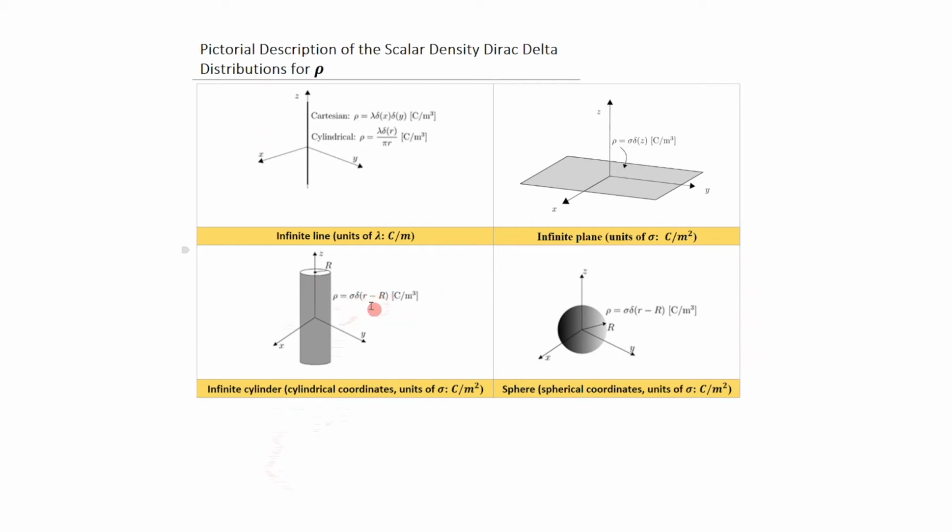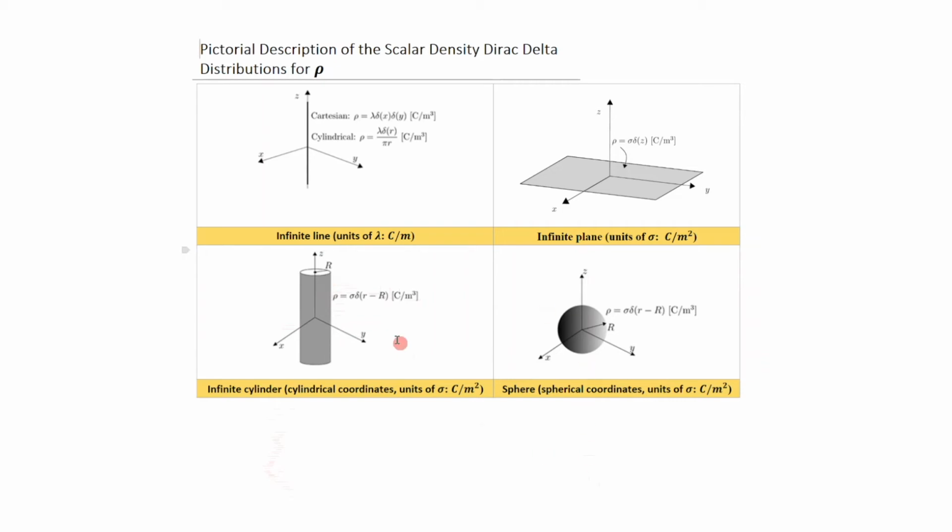The delta function will have units of 1 per meter, so the units of rho are still coulombs per cubic meter. But this delta function now is the radius minus capital R, which represents the radius of the cylinder. And so there's only something happening when r equals R. And so this is a representation of surface charge on a cylinder of radius capital R.